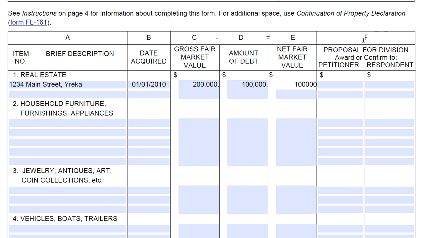Okay, column F asks you to divide the value of the property between petitioner and respondent.